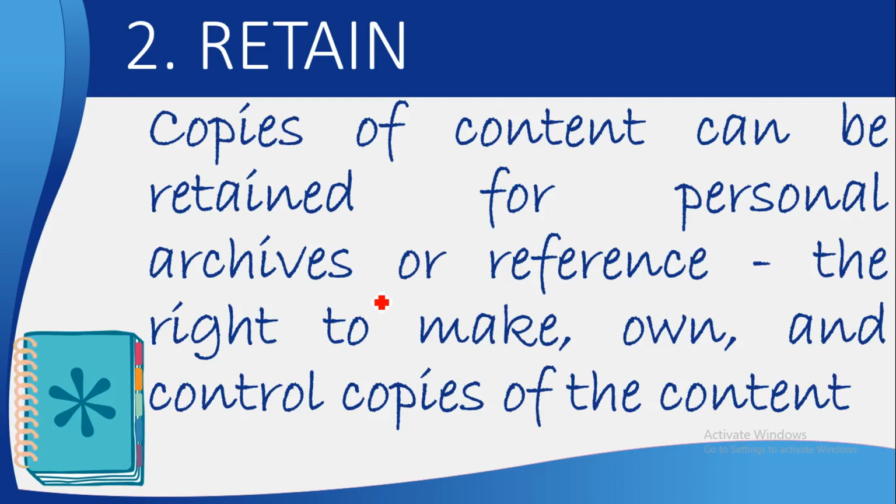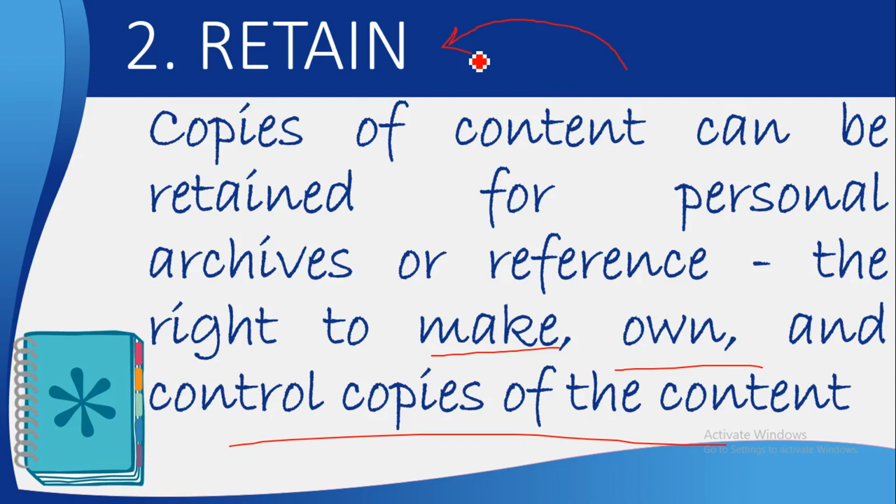So it is the right to make, own and control copies of the content. I can make any number of copies of that content and keep them with myself. This falls under the retain R, the second R, where I can retain the content with myself.